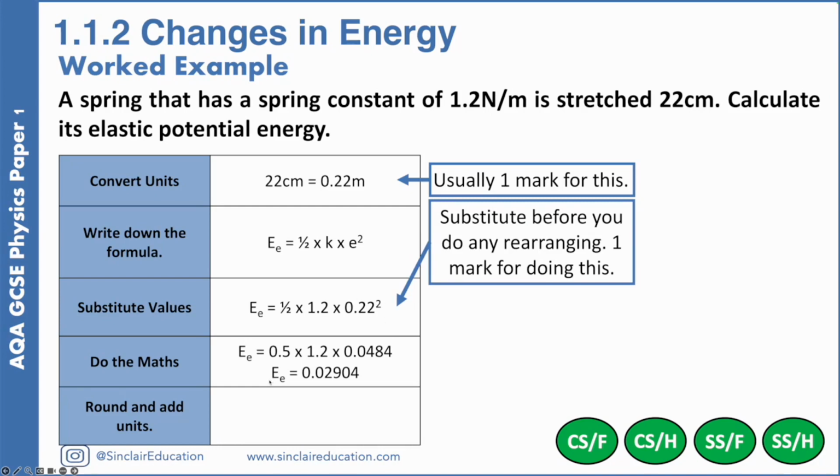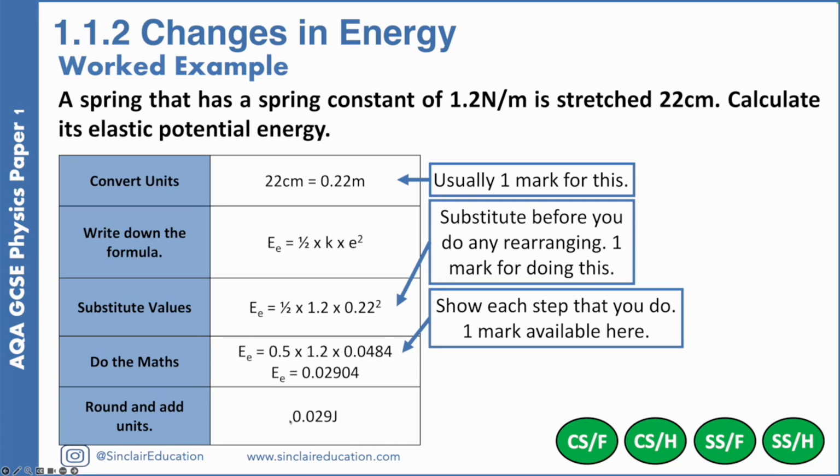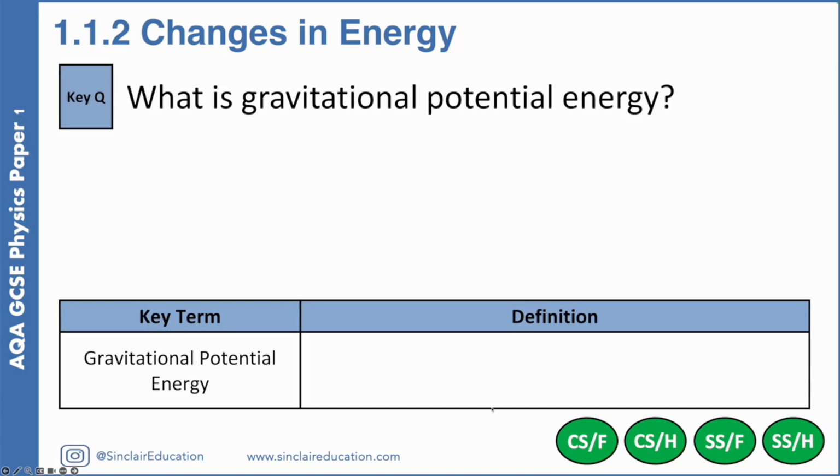You can just put that straight into calculator and off you go. Now, I have rounded this, but if there wasn't an instruction in the question, you don't need to. I've taken it to 2 significant figures because that's what was given in the question, but actually stopping there would be enough. Unless they had specified give it to 2 significant figures, you could just stop there and you don't have to go any further.